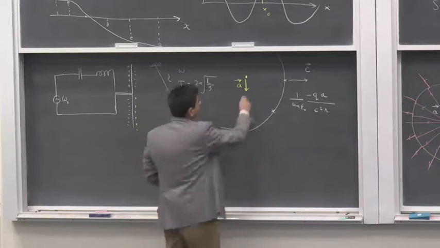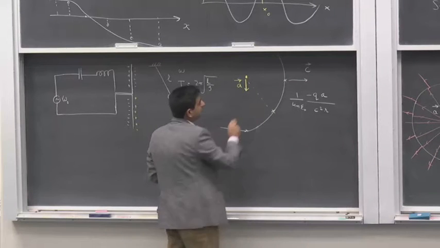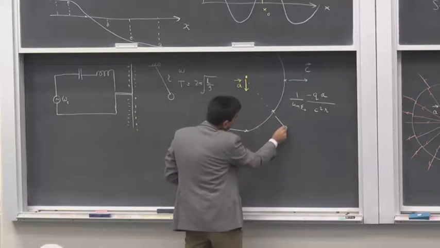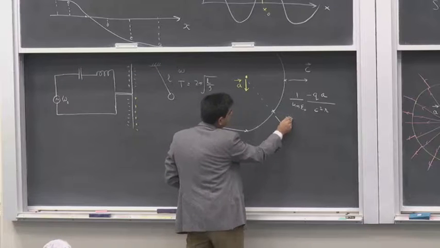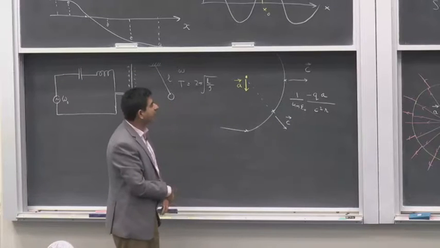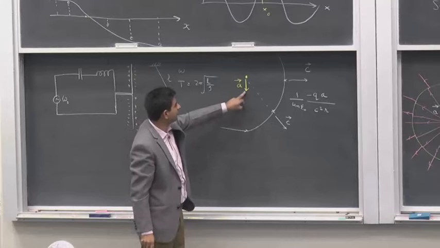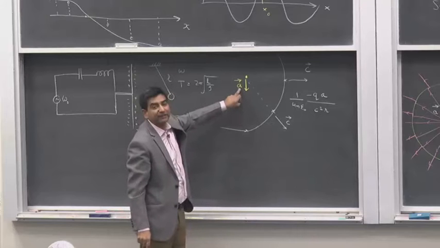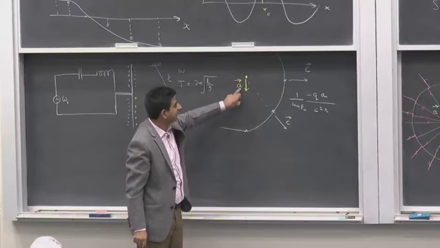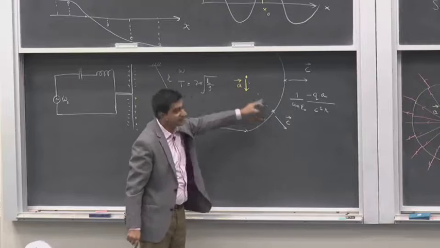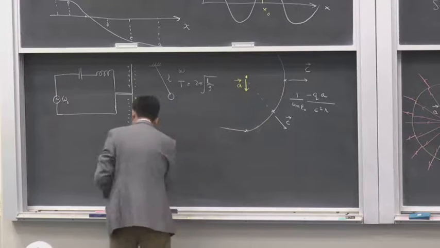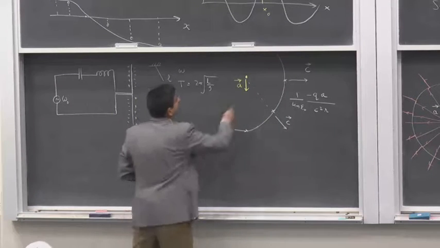Now let's look at this point. An observer is here. So the direction of propagation is this, C. Now what I would like to do is find out the component of this acceleration that lies in a plane normal to this line of sight. So I draw that plane. That plane is just this plane.